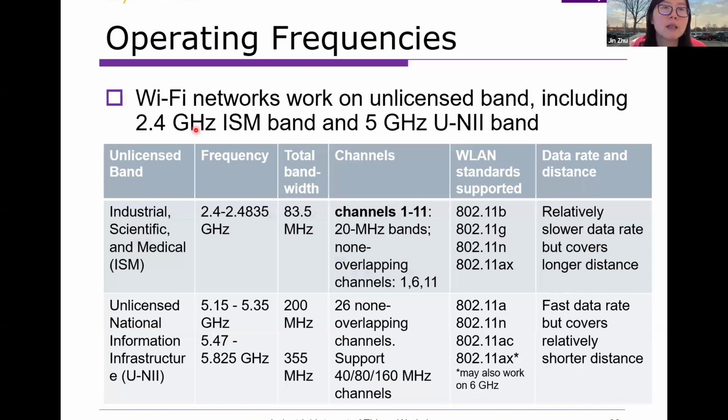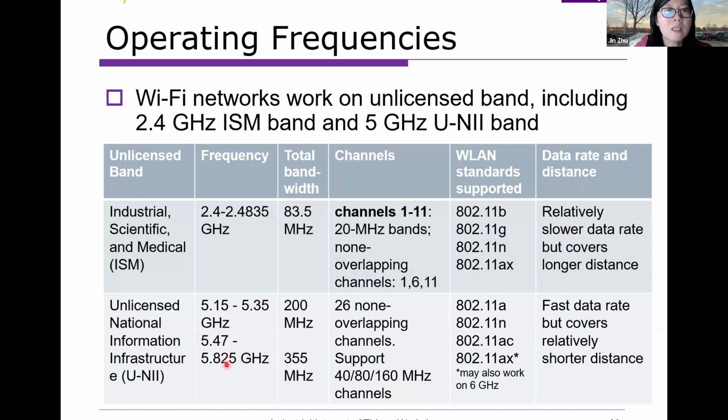Here is some basic information about operating frequencies. There are two major frequency bands we use. One is called the ISM band, which works on 2.4 gigahertz. Here are the different standard amendments supported.